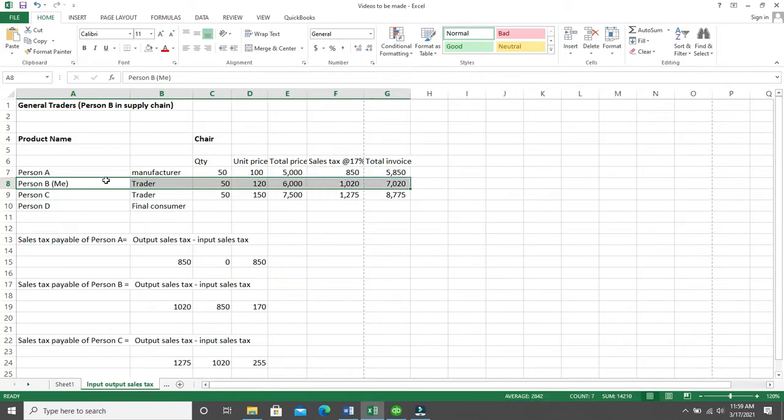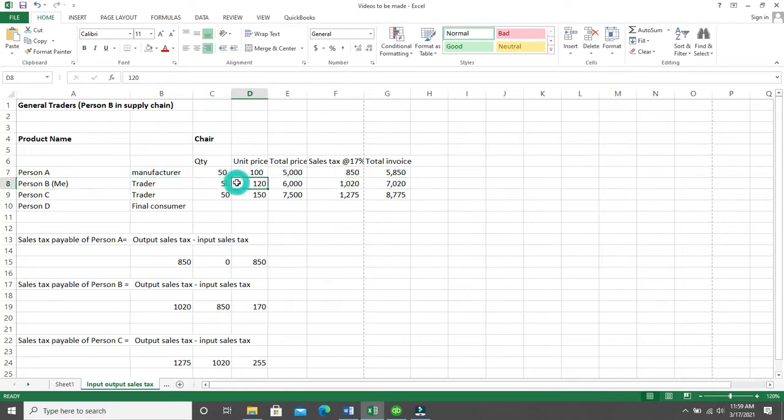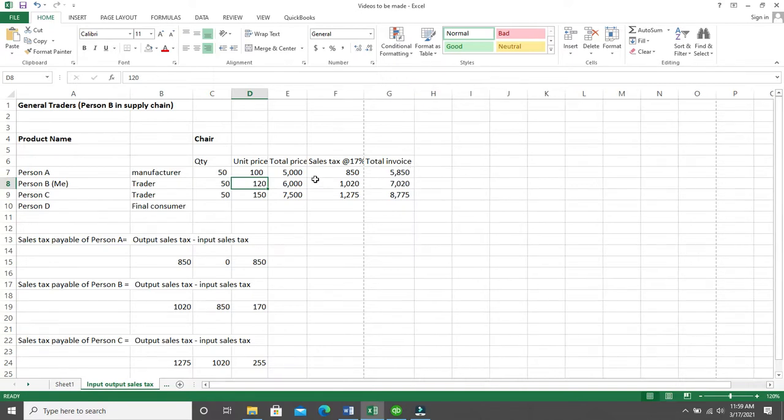When I receive these 50 chairs from person A, I shall sell them to my customer person C. Now I want to make some markup or margin on this because everybody wants to make profit. So I shall not sell it at my unit cost, which is 100. I shall sell it at 120 because I have added 20% markup. So there is a good profit for me.